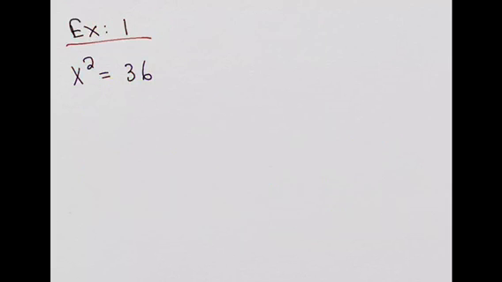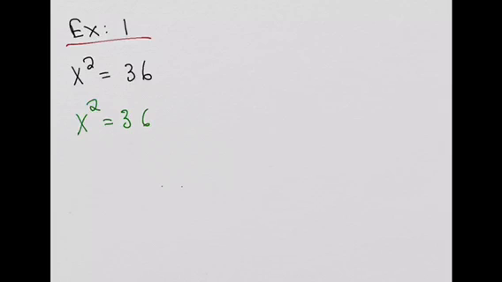Okay? Now, for this first example, we need to solve for x. Therefore I need to cancel the square. So in order to cancel the square, I'm going to square root both sides. I'm going to rewrite my problem.